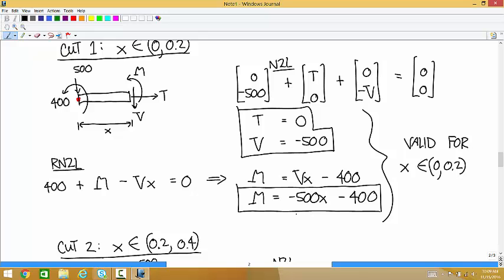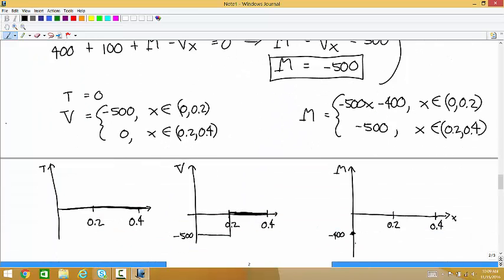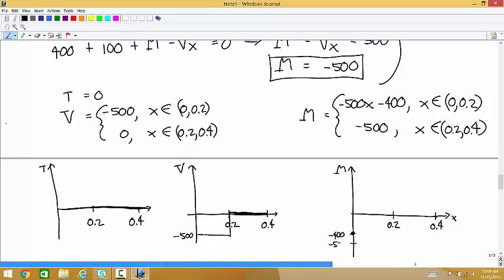We can plug 0.2 in for x, and we'll get negative 500. And so the function looks like that, and then like that.